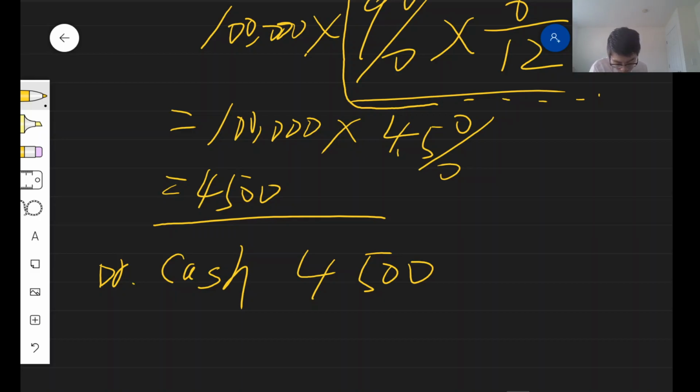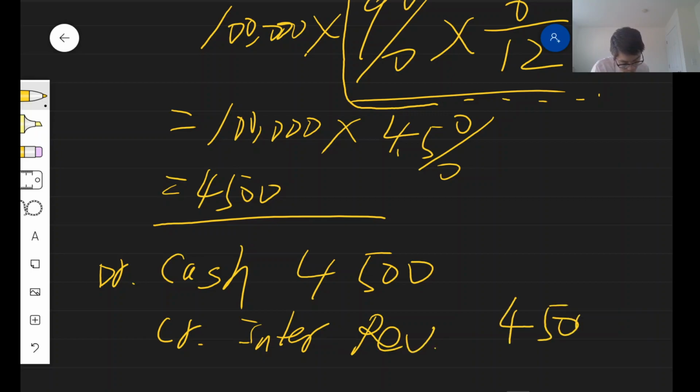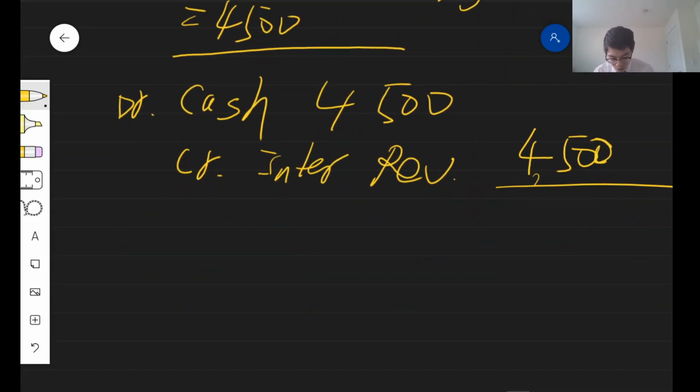Okay, the other part of interest is credit interest revenue, and that is the interest revenue we earned for letting the person use the money over the period from May to October. Okay, so on that date, October 31st, 2018, when the note comes to mature, we make two journal entries.